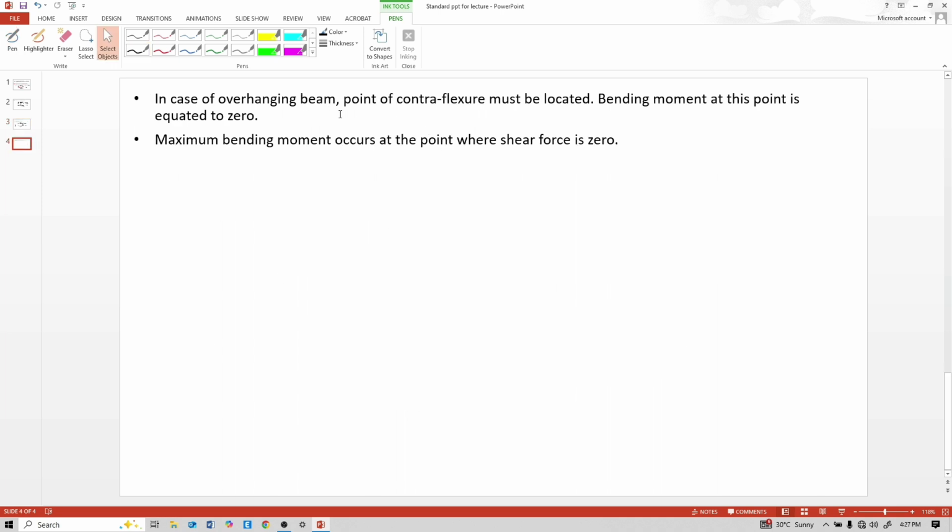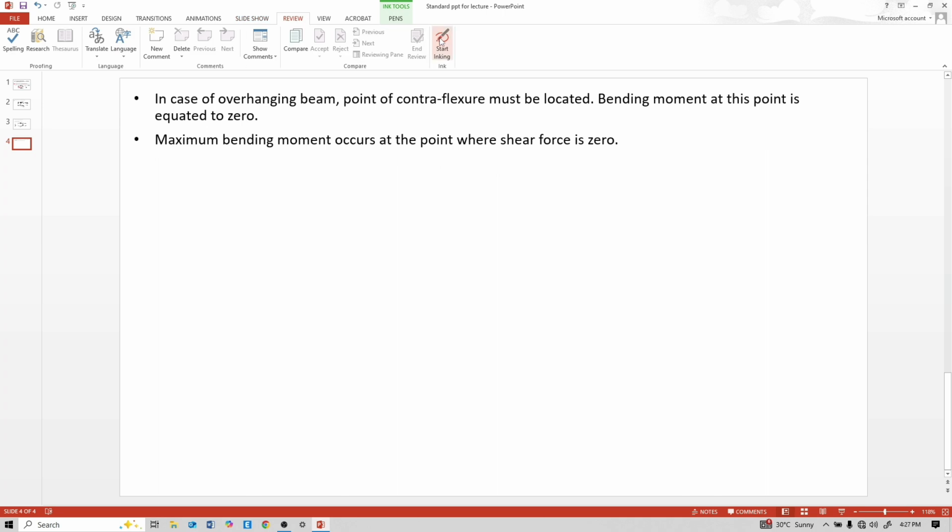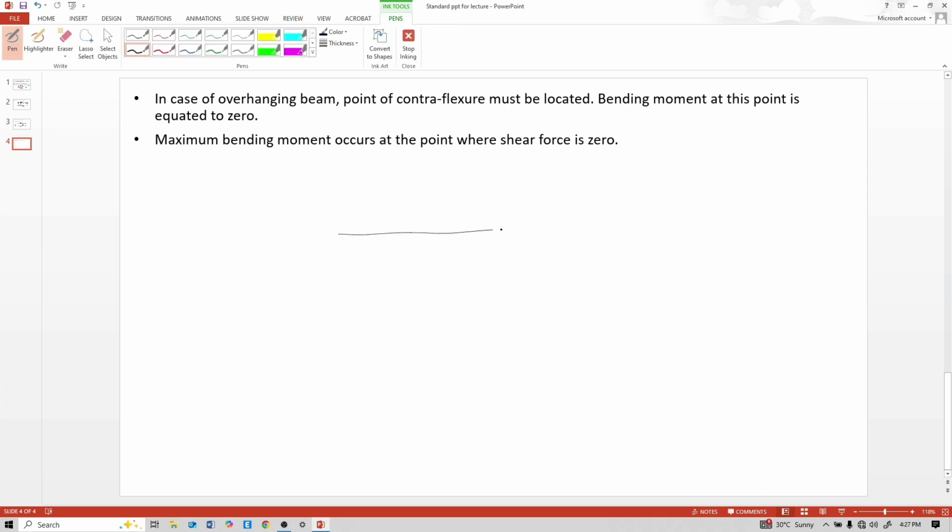In case of an overhanging beam, the point of contraflexure must be located. Bending moment at this point is equal to 0. Point of contraflexure, that means, consider this as an overhanging beam with uniformly distributed load.